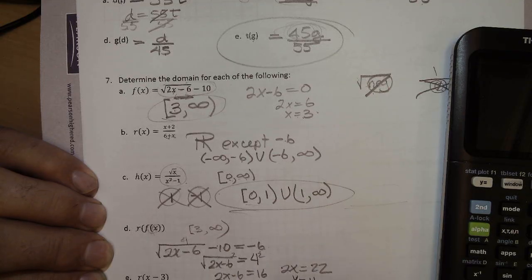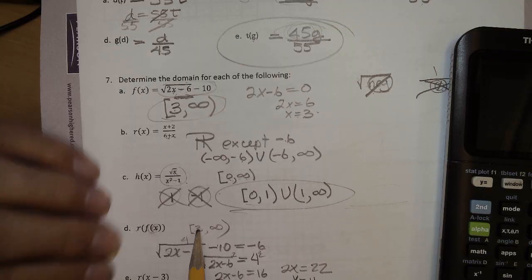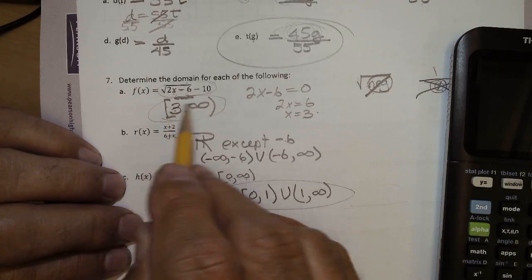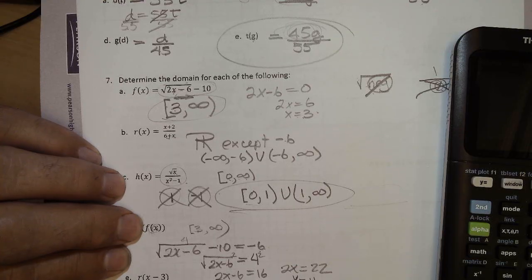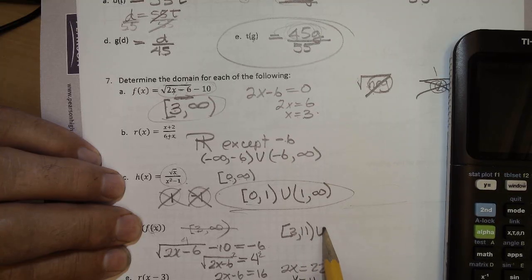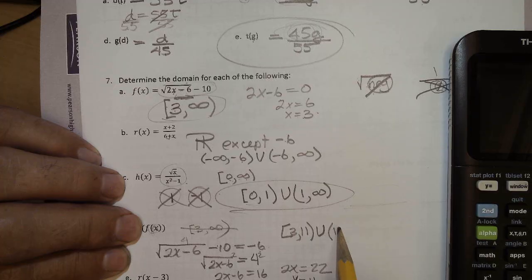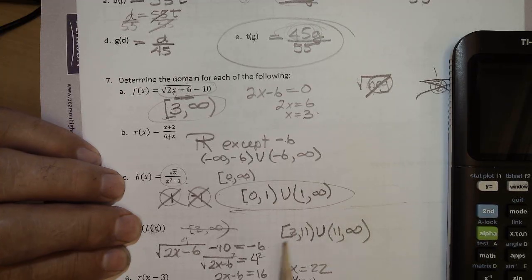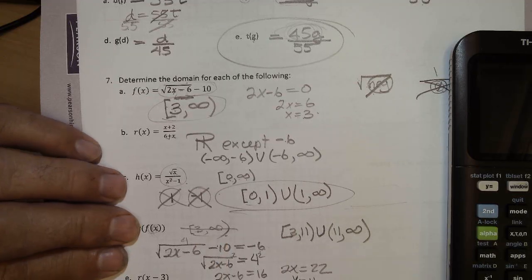So we can't use 11. To go into f, it had to be 3 to infinity. But of those, we can't use 11. So this gets modified to, we can go from 3 to 11, not including that, union 11 to anything bigger. So it was this, except that we had to exclude the 11.